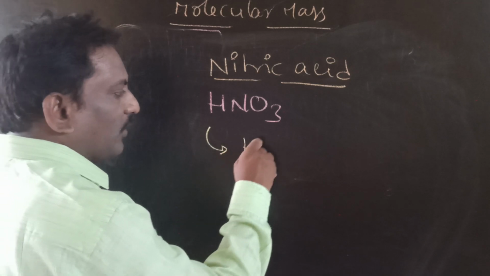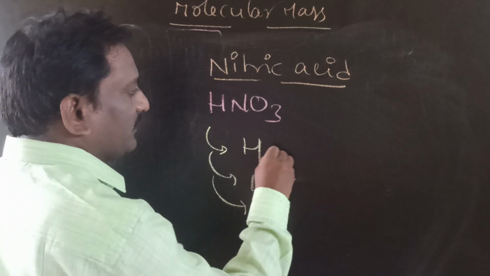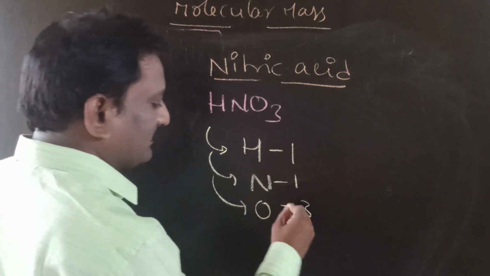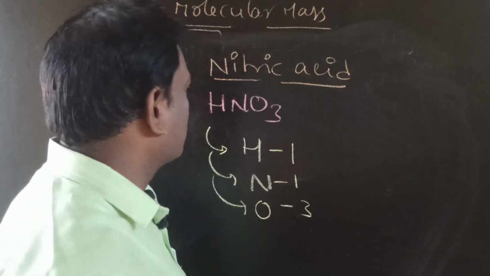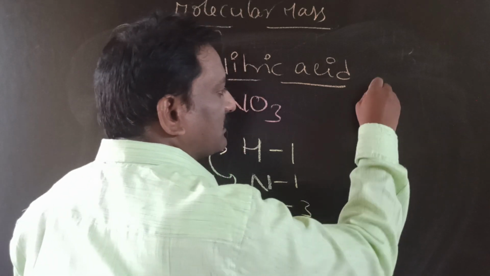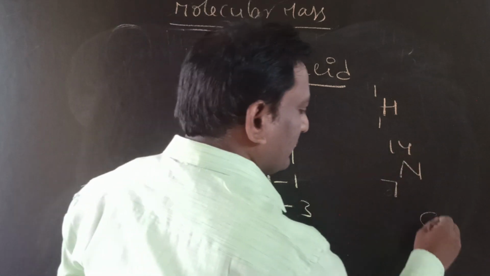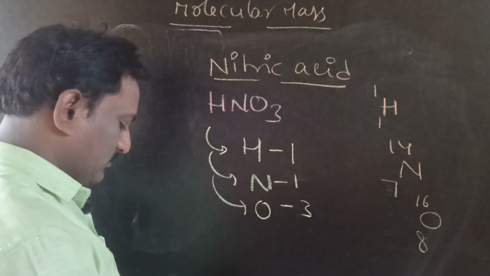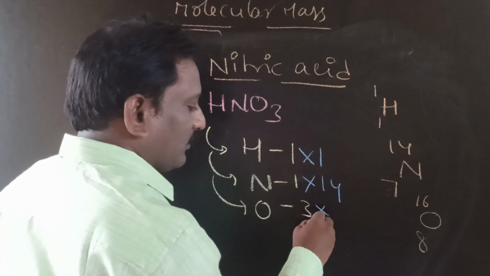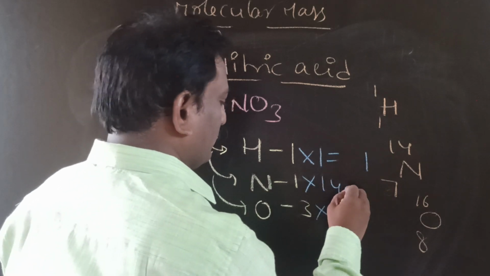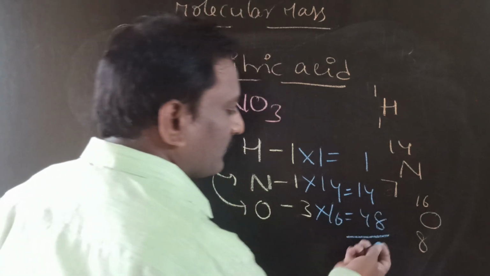In this, 1 hydrogen atom, 1 nitrogen atom and 3 oxygen atoms are present: 1, 1, 3. These numbers must be multiplied with their atomic masses. Hydrogen: atomic number 1, mass number 1. Nitrogen: 7, 14. Oxygen: 8, 16. Let us multiply: hydrogen 1, nitrogen 14, oxygen 3 times 16 is 48.